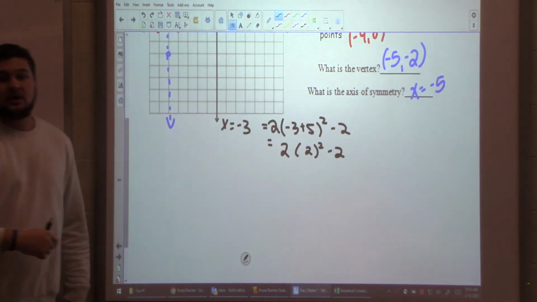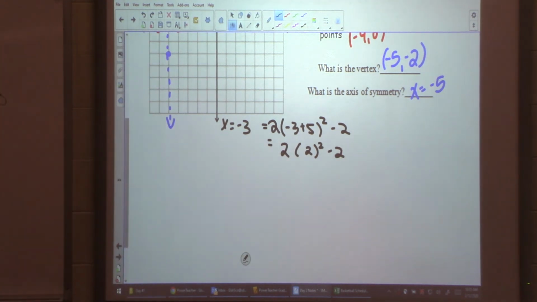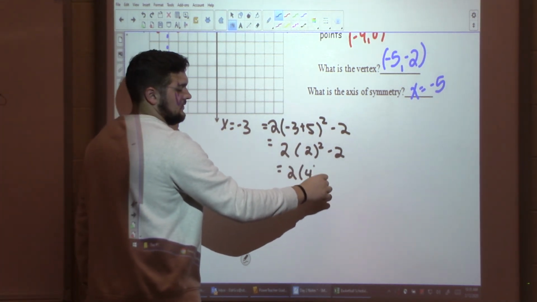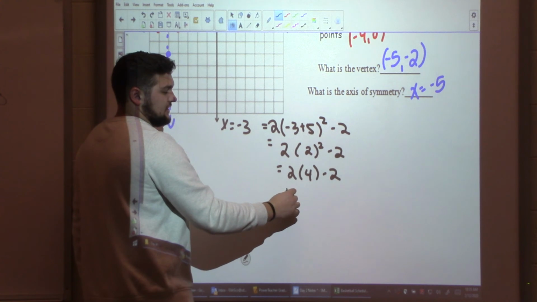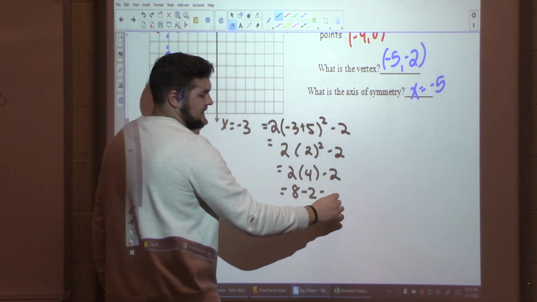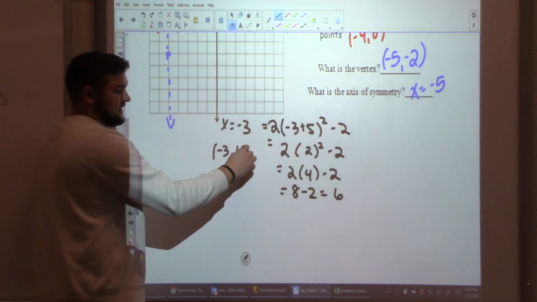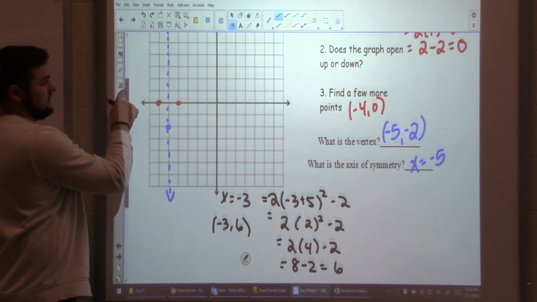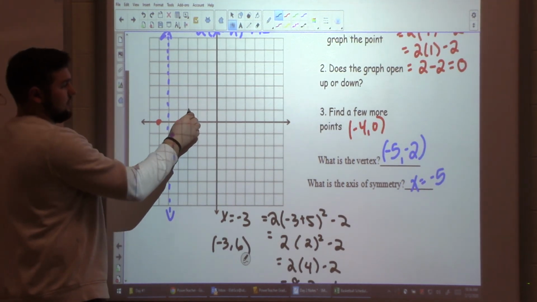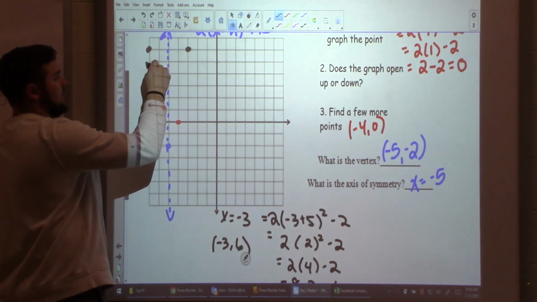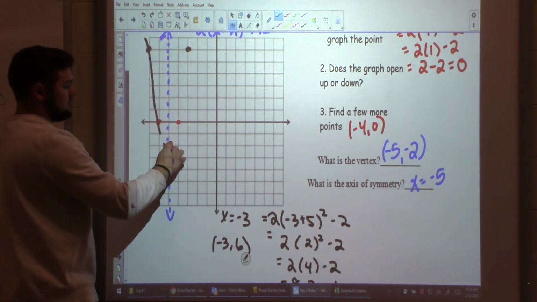Squared minus 2. What is 2 squared? 4. So 2 times 4 minus 2. 2 times 4 is 8. Minus 2 is 6. So then at negative 3, 6, I have another point. Negative 3, 1, 2, 3, 4, 5, 6. Mirror it across and draw it in.